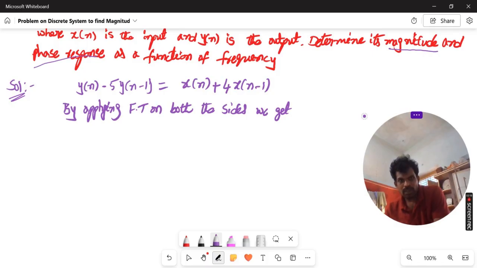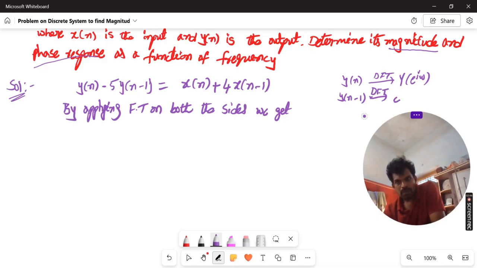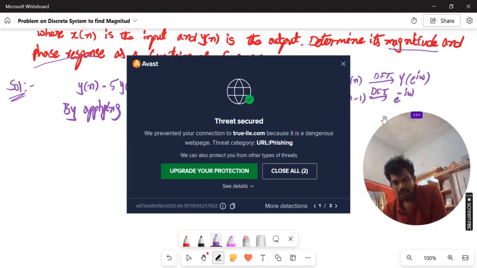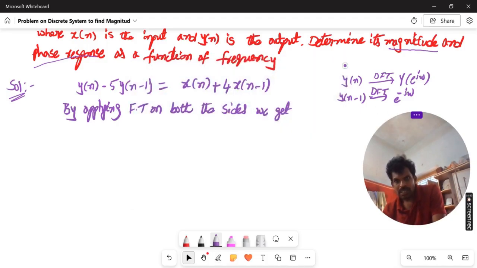For y of n, the discrete Fourier transform DFT is capital Y of e power j omega. In case of y of n minus 1, by applying discrete Fourier transform we will get e power minus j omega into Y of e power j omega.